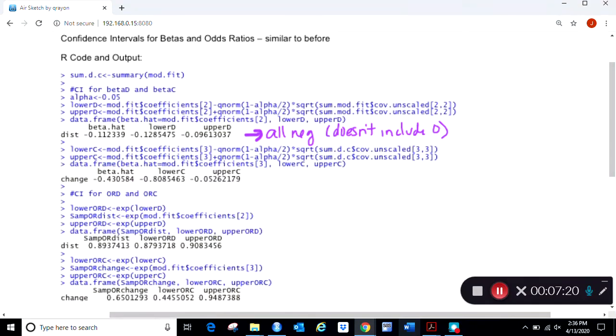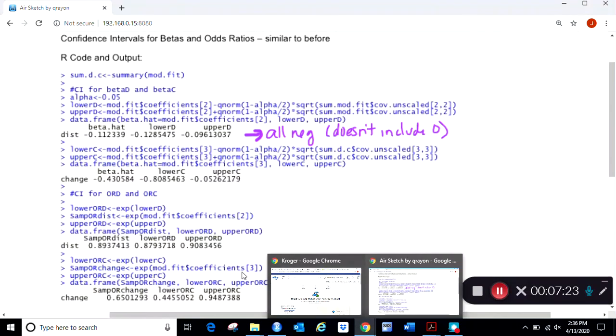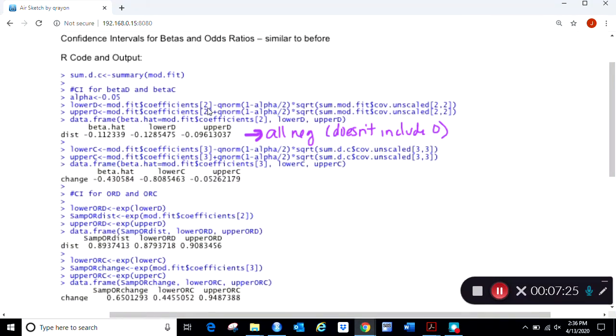Now, where did I actually use change being in the model? Well, when I got this coefficient that had change in the model as well, when I got this variance of beta hat, it also assumed that change was in the model. Looking at the same idea for the change variable, this one is also all negative, or doesn't include 0, so telling us that change is also useful in predicting the probability of a place kick, even if distance is already in the model.